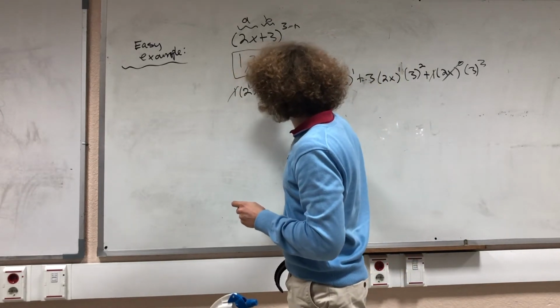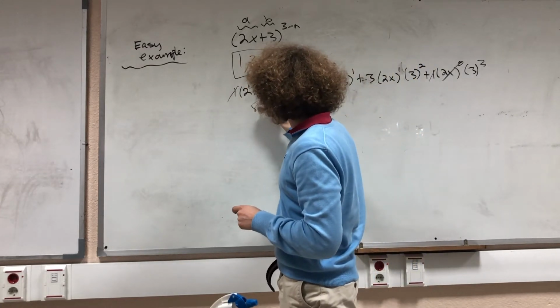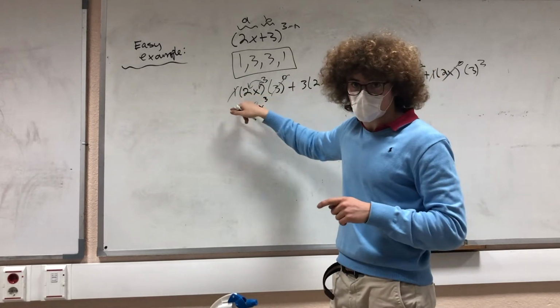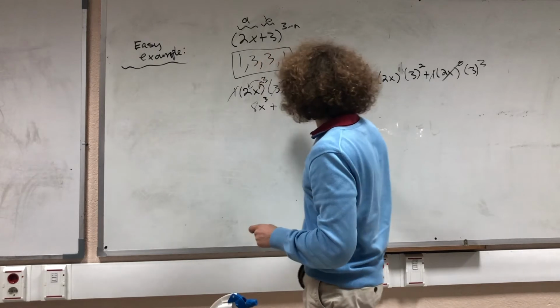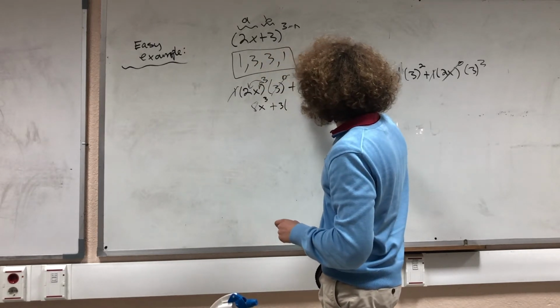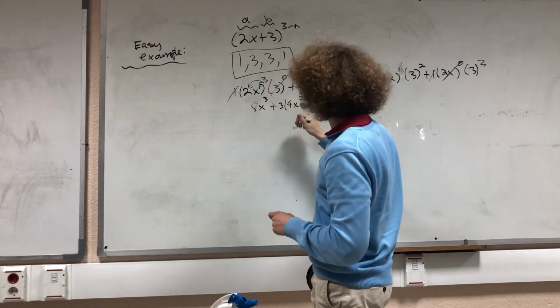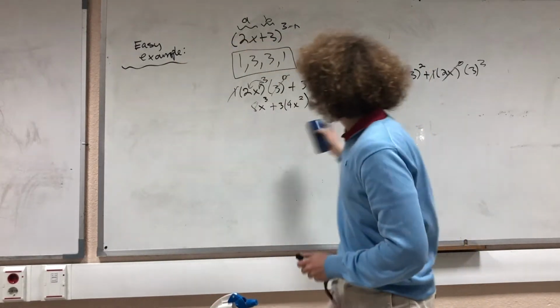So, what you do here is 8 times x to the exponent of 3, because I distributed it to the 2 as well. Don't forget to do that. Plus 3 times 2 squared, which is 4, x squared, which is another way of saying 12x squared.